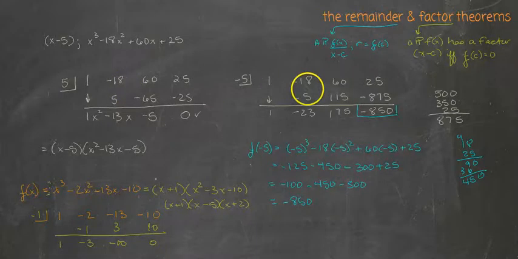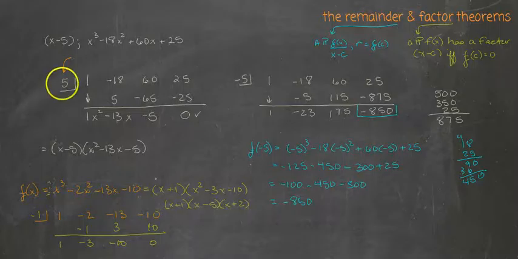If you run a number, which is a presumable solution to a problem, through synthetic division and you get 0 as a remainder, then you know that the factor that would produce that number is a factor of the polynomial.